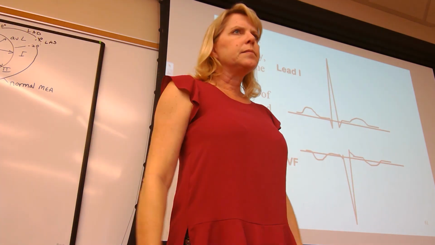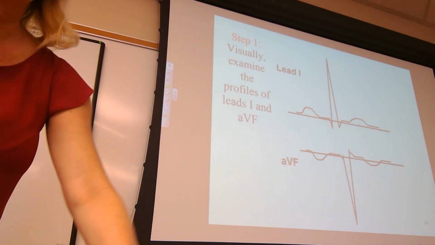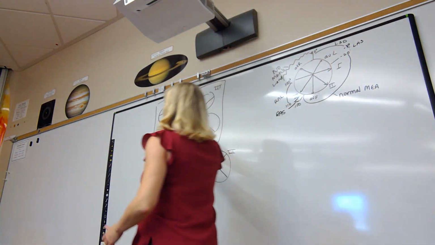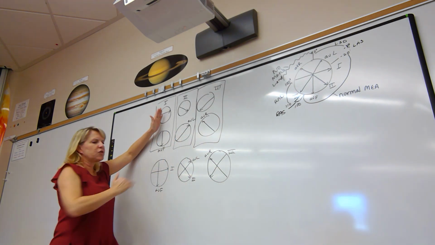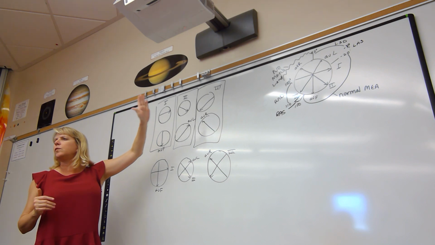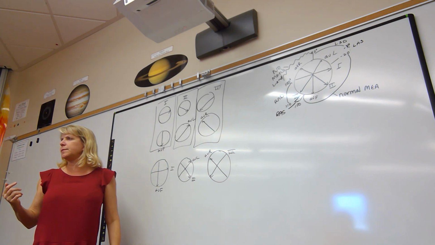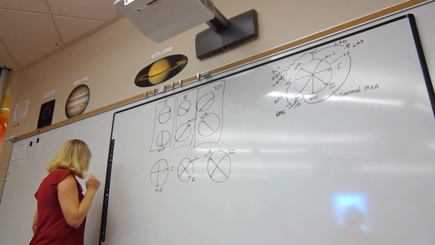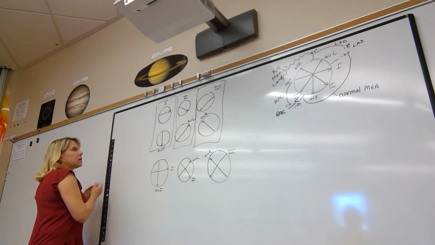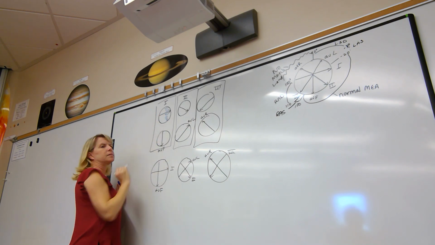Up. Good. So if you had lead 1 drawn in a circle, where would you color in your circle for lead 1 if it's overall up, which means positive deflection? Where would you color that in? Wouldn't you color in this half of the circle?